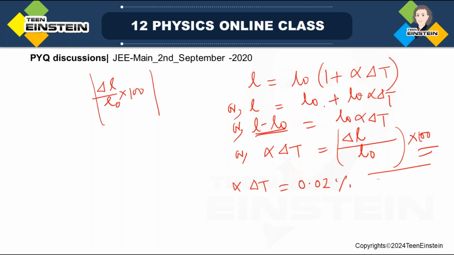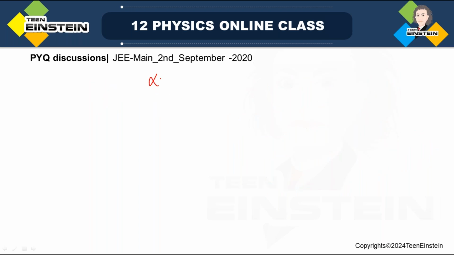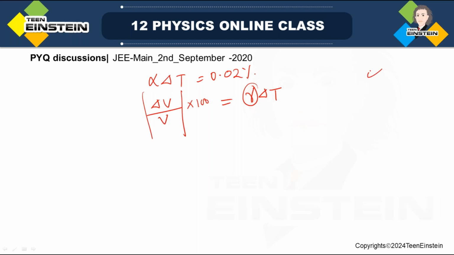Now I have got one thing here. Alpha delta T is equal to 0.02%. Okay. Now I have to actually calculate delta V by V into 100%. This I have got as gamma, that is the volume expansion coefficient, into delta T. So this gamma and alpha, they have a relationship if you remember.